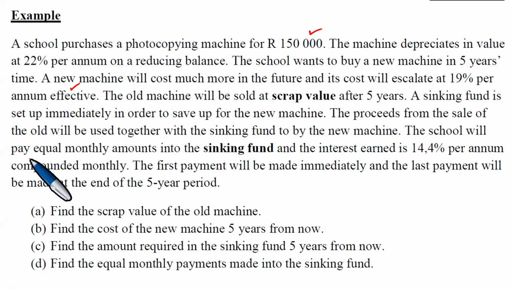The school will pay equal monthly amounts into the sinking fund, and the interest earned is exactly 14.4% per annum, compounded monthly. The first payment will be made immediately, and the last payment will be made at the end of the 5-year period.